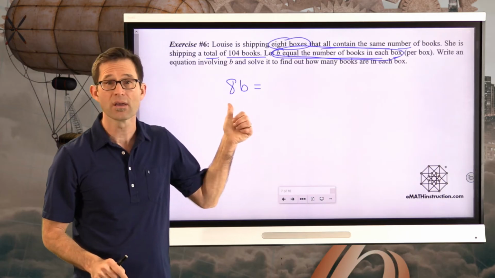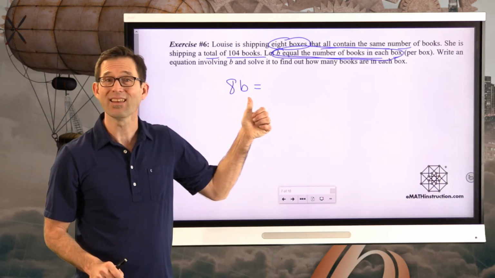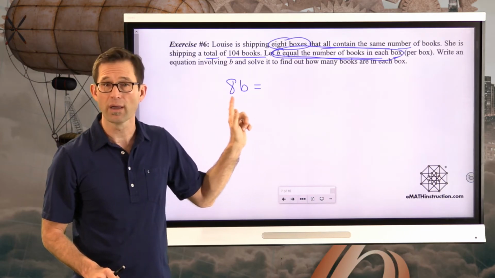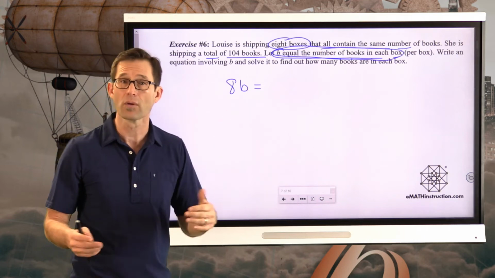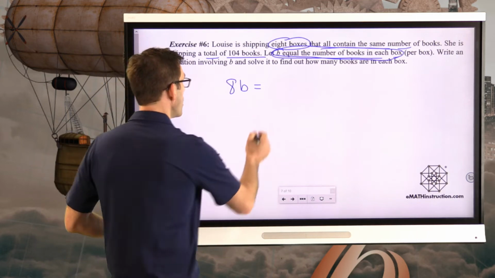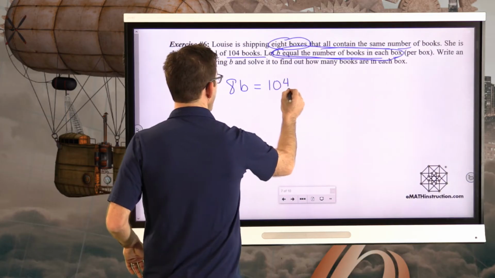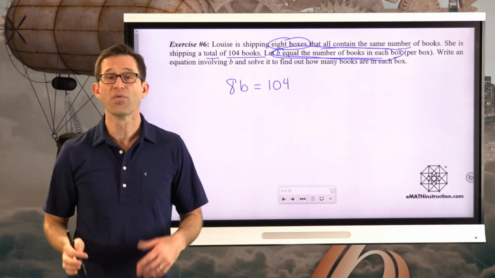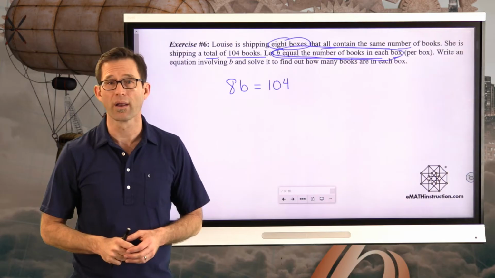I've got 8 boxes, B is the number of books in each box, so that product, and whenever I have a number sitting right beside a variable, that's a product, would have to equal 104. So this equation models what's going on in this problem.